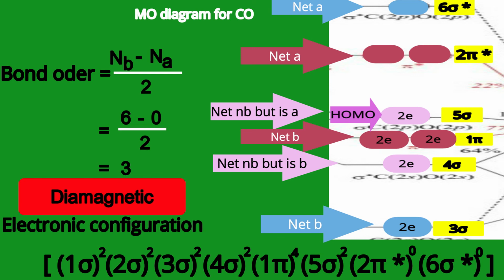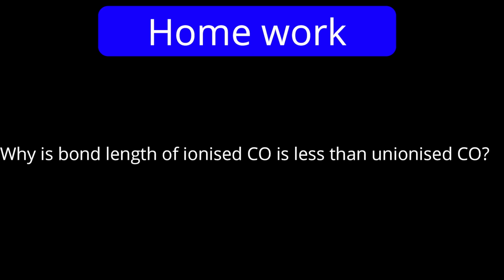So students, it's a time of homework now. Only one question is asked here. Why is the bond length of ionized CO less than unionized CO? CO plus and CO bond length comparison you need to do. You are supposed to write the answer to the question in the comment box. I'm waiting for your answer.